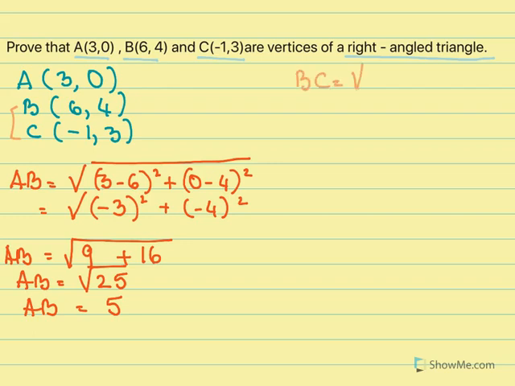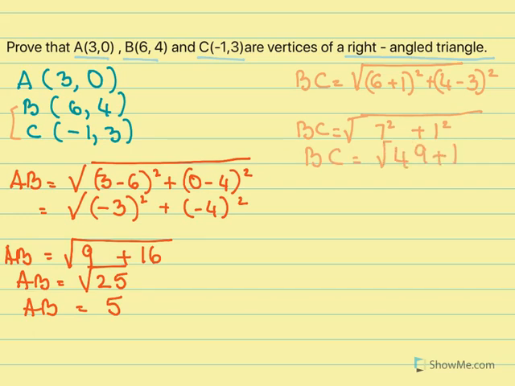So BC again is x1 minus x2 the whole square plus y1 minus y2 the whole square. So BC equal to 7 square plus 1 square. So BC equal to 49 plus 1. So BC under root 50.